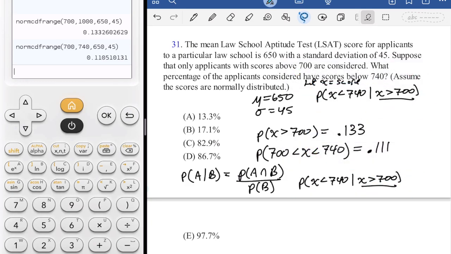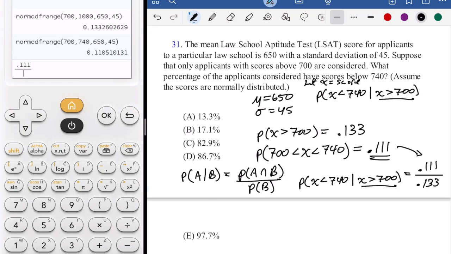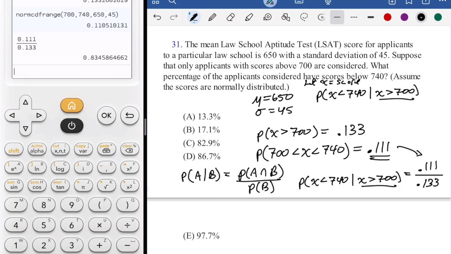The AND part is what we figured out here, so that's 0.111. And the given part is what we figured out earlier on, 0.133. So that's 0.111 divided by 0.133. And we're talking about something in the neighborhood of 0.83. All right.